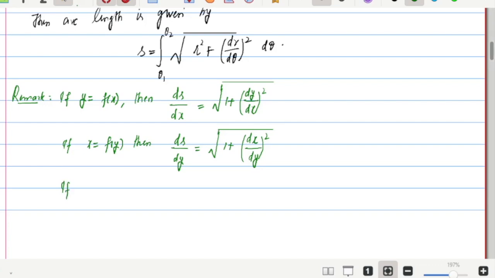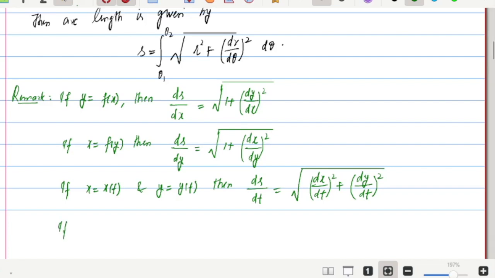And we can have a curve if x is equal to x of t and y is equal to y of t, then the derivative of arc length is given as ds by dt. This is defined as square root of dx by dt whole square plus dy by dt whole square.